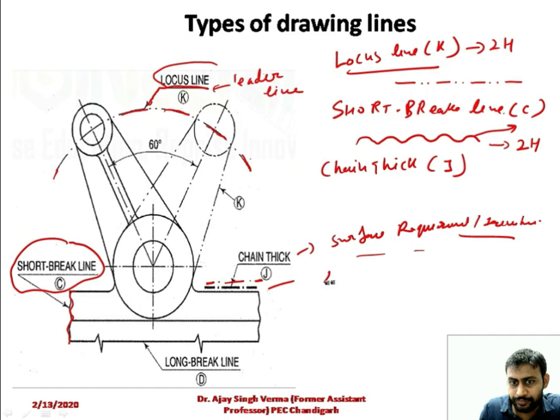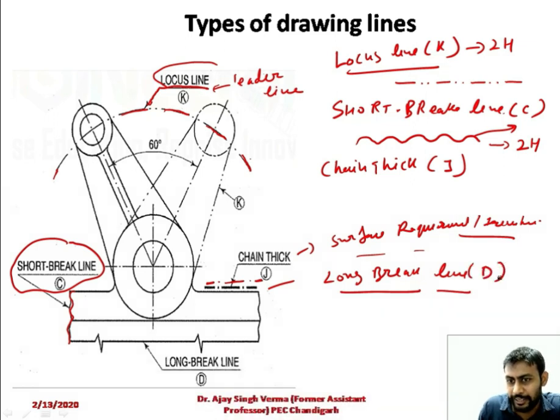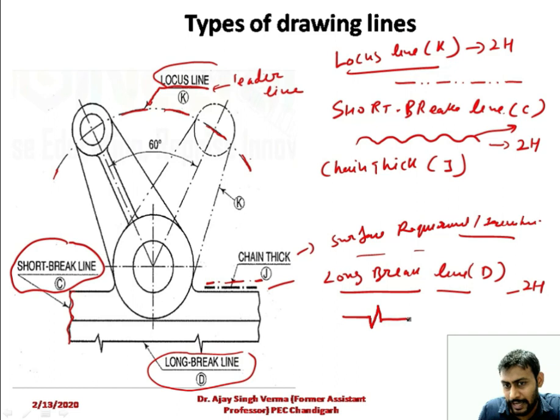Next is your long break line. We already discussed it in our previous slides. The long break line is represented with the D type and drawn with a 2H pencil. This one I'm talking about, a continuous zigzag line, is the long break line.